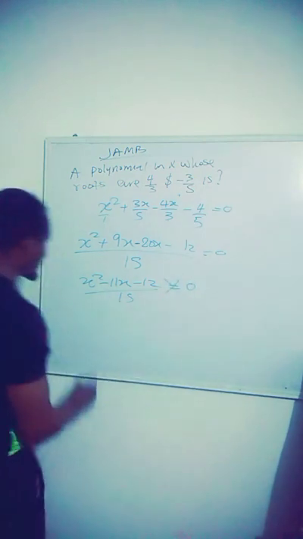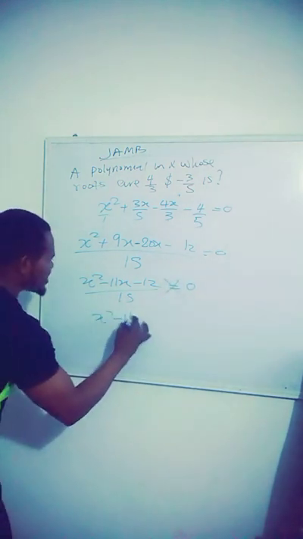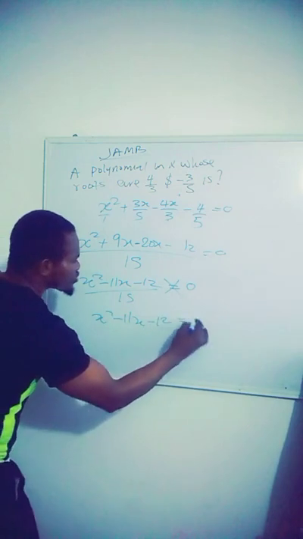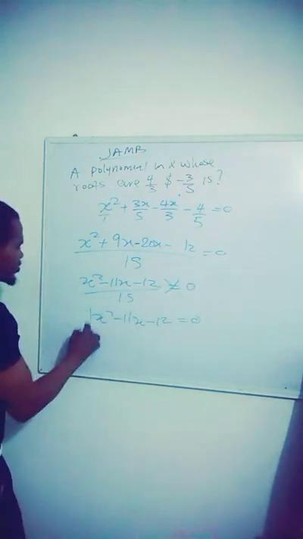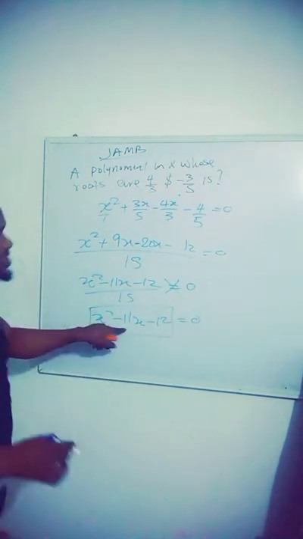By the time you cross multiply, you have s squared minus 11s minus 12 equals 0.